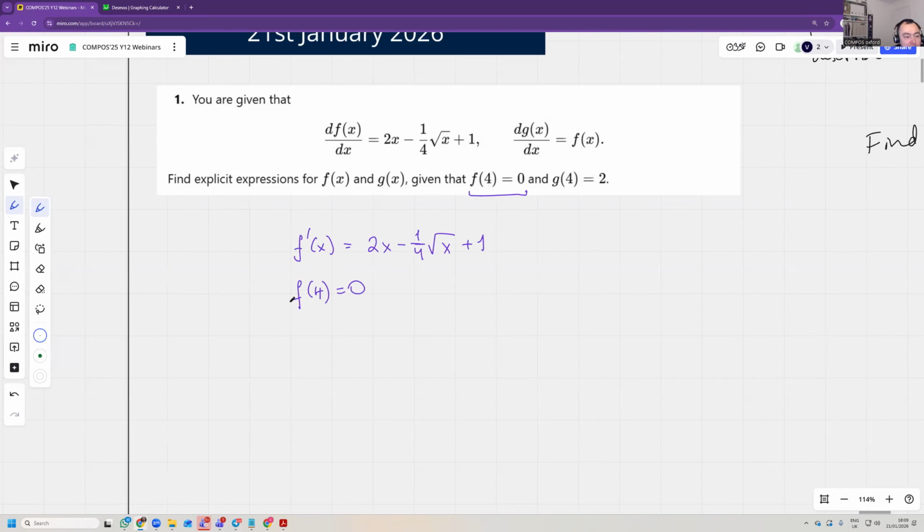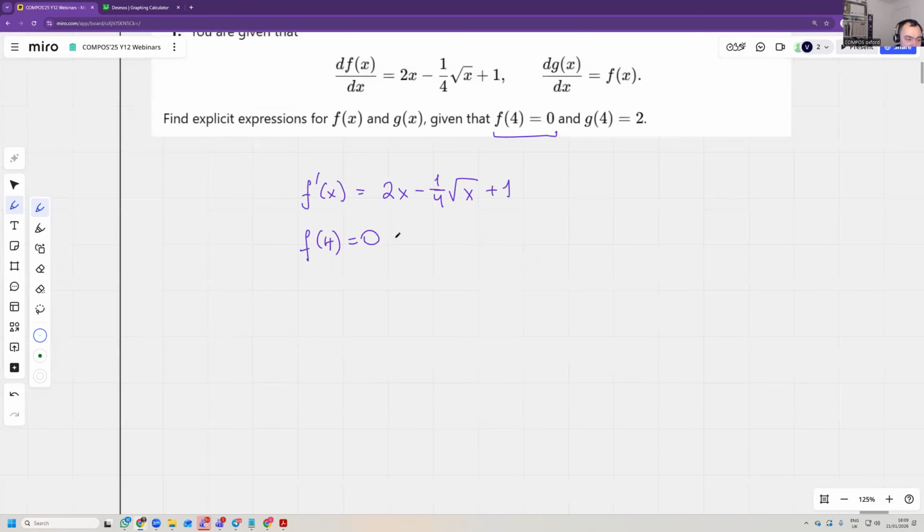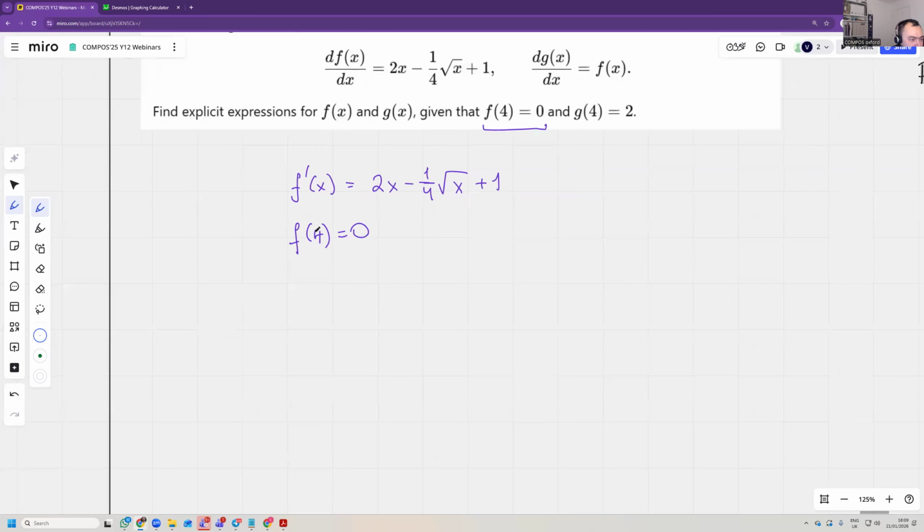Okay. We call that a boundary condition, or starting condition. Now, if we know the derivative, we can write it as 2x minus 1/4 x to the power half plus 1.